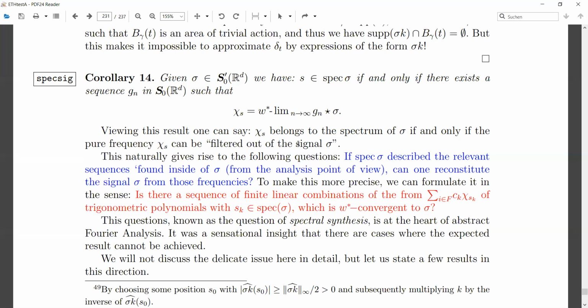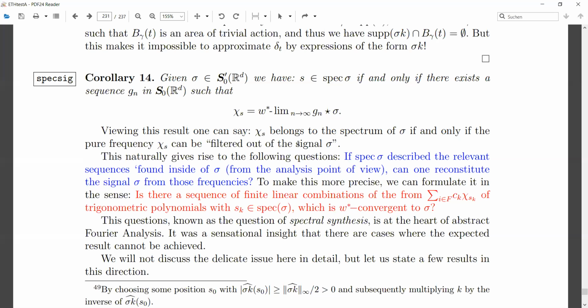This is a famous example by Laurent Schwartz of an application of his ideas about distributions also, to find a distribution where the frequencies inside the distribution, so the support, is not good enough to have approximation.